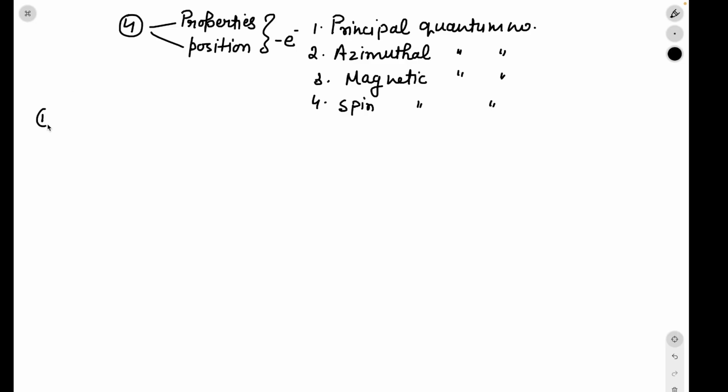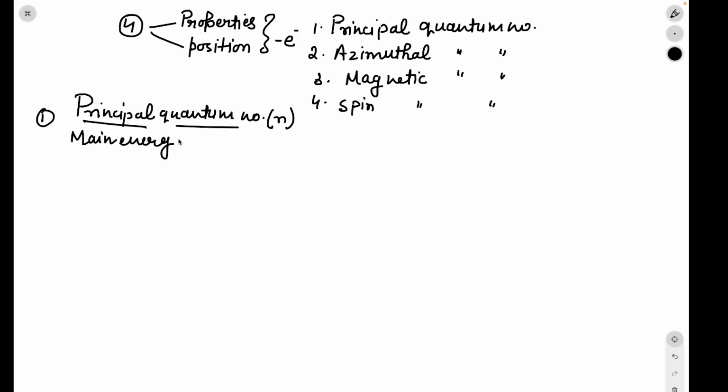So first is principal quantum number, which is denoted by N. It tells us the main energy level or shell in which electron is present, and it is named as K, L, M or N, and so on.